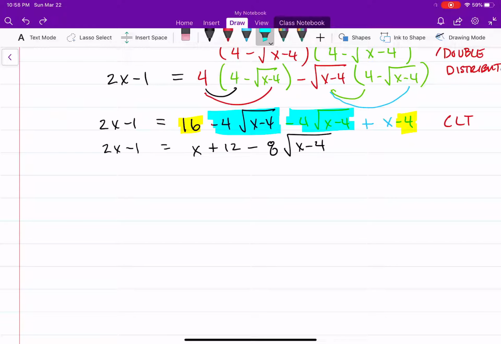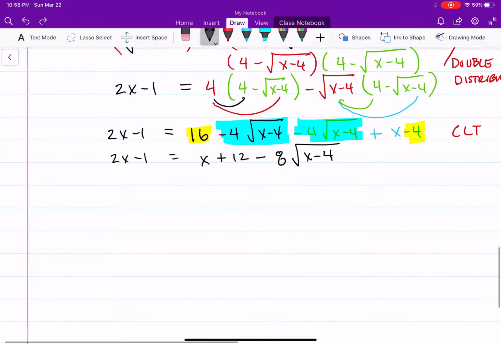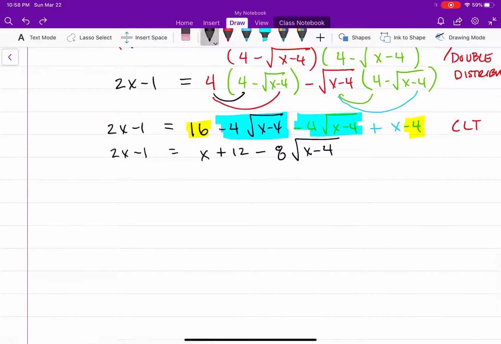I'm repeating step 1 again, repeating step 2 again. So before I even get to step 3, I have to repeat steps 1 and 2 over and over until the radical is gone. With that being said, I'm going to bring the x over to the left side and bring the 12 over to the left side by subtracting it.